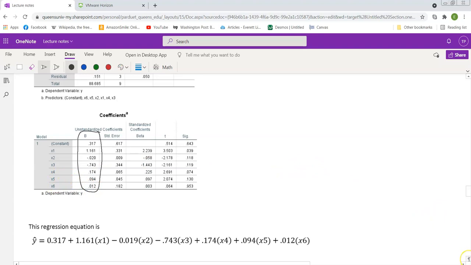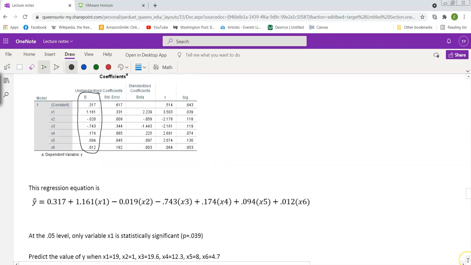All right. So now if we look at these p-values over here under sig, remember we don't care about the one for the constant. We just want the rest of these.